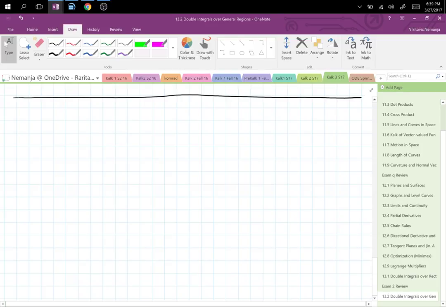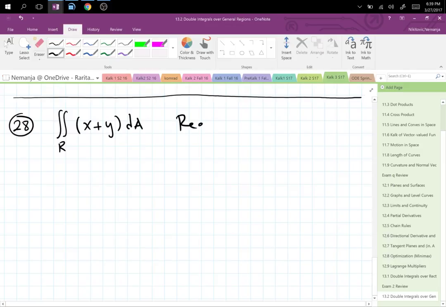So the next question is question 28, and this is the one that you should star and really pay attention to. It says compute the integral over the region for x plus y dA, where the region is in the first quadrant, so Q1, right?